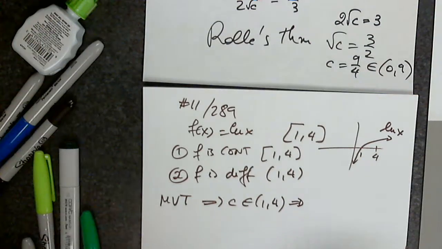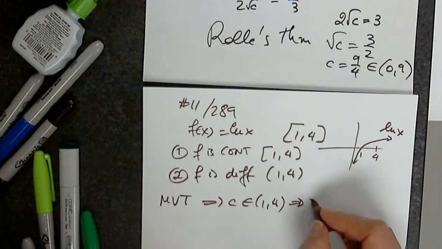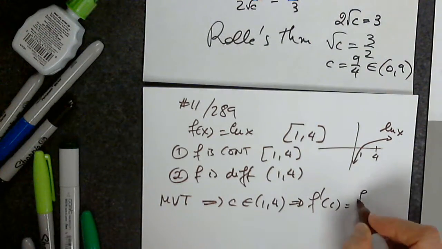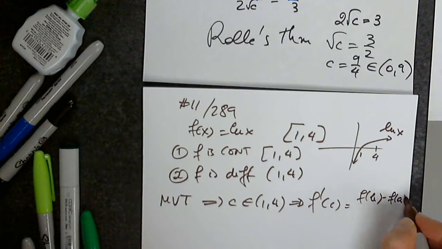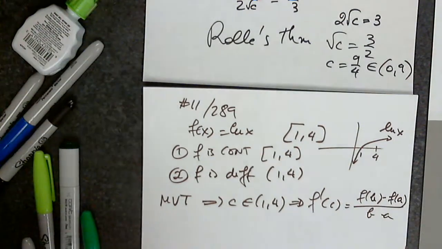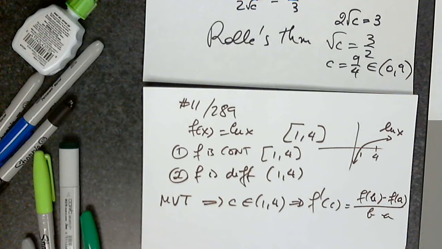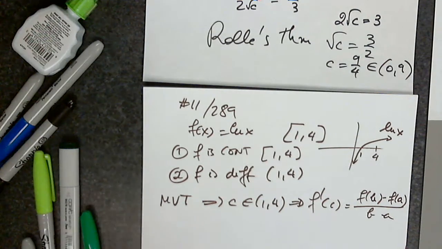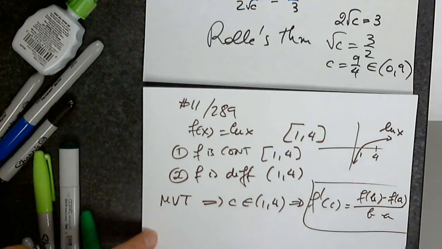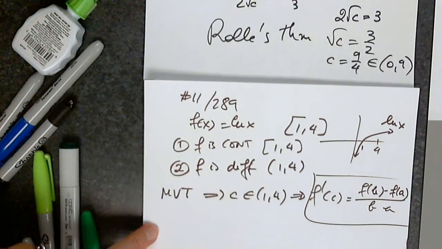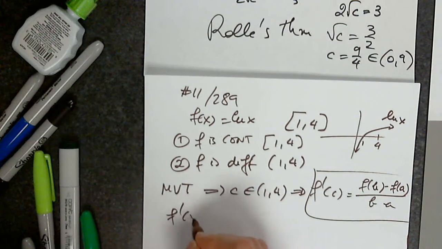But now this gives us f prime of c equals f of b minus f of a over b minus a, where a is 1 and b is 4.